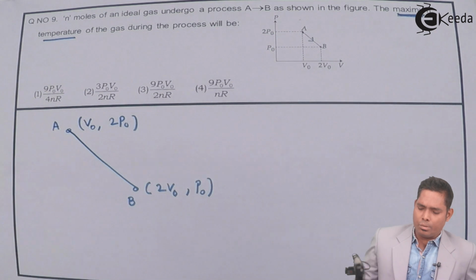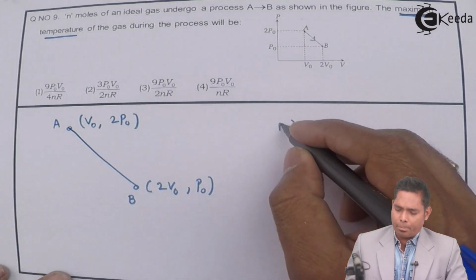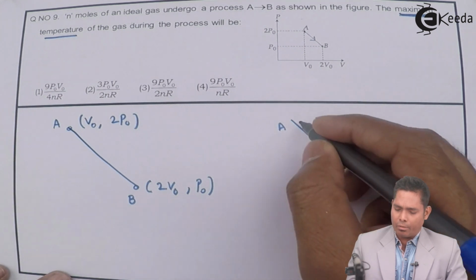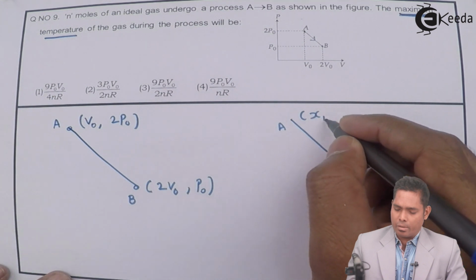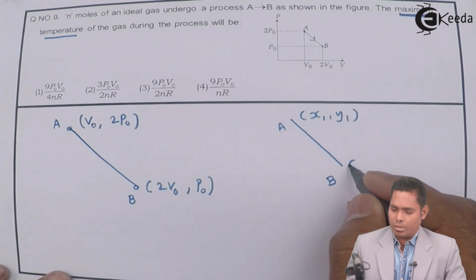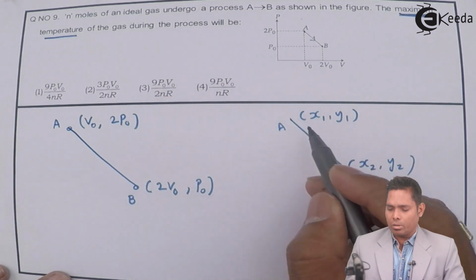In general, if we have points A and B with coordinates x1, y1 and x2, y2, then I can write the equation of this line.